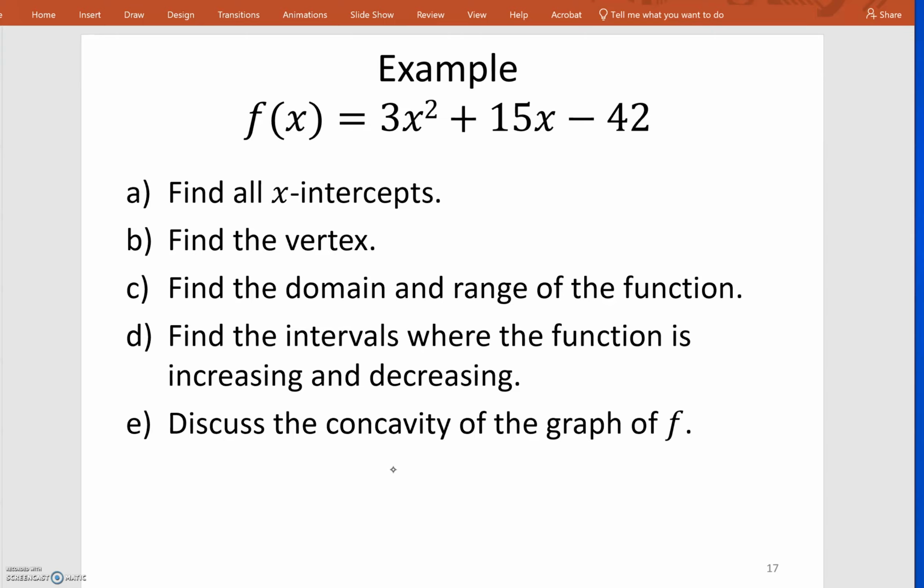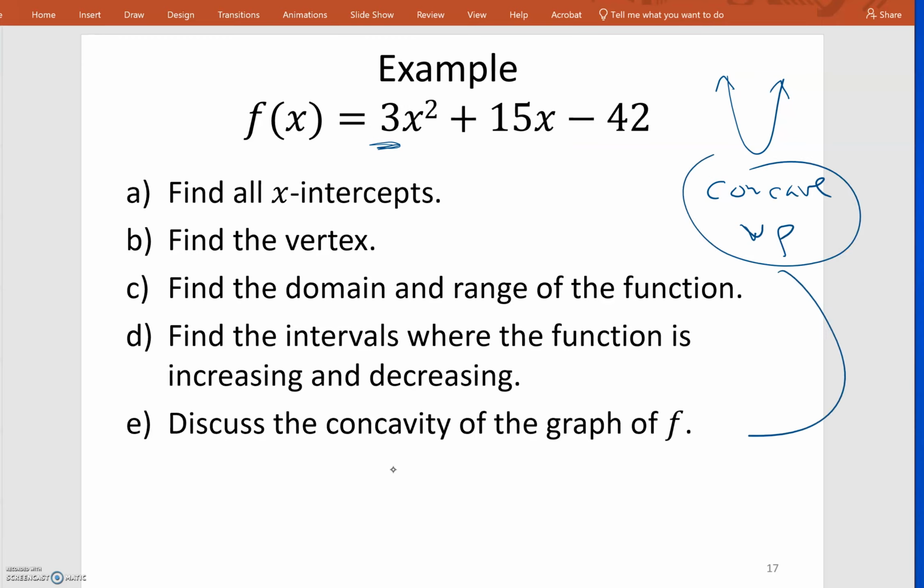Okay, let's look at another problem. This is a quadratic, identified as a quadratic, and then we're going to find a bunch of stuff about it. I can tell you a couple of things about this already. This is positive, so that means it opens up. Okay, so it's going to be concave up everywhere.